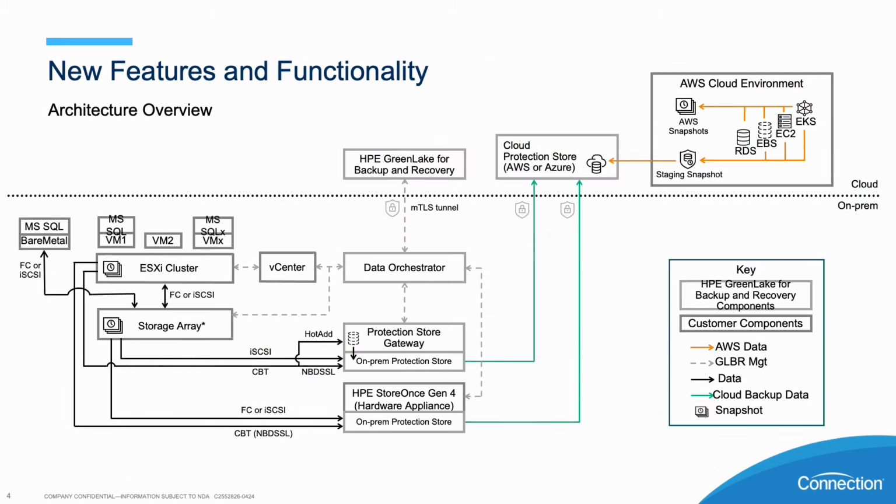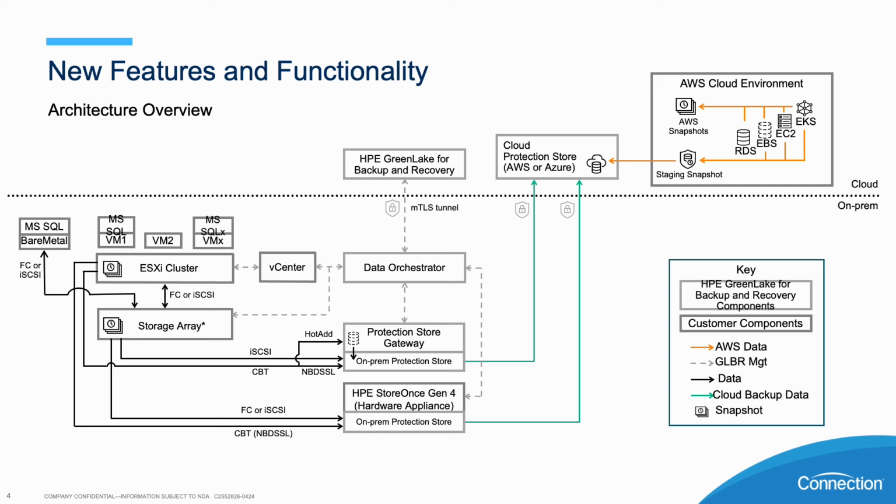So within the new features and functionality, this is really an architecture overview. This is conceptual, showing what is available for services and components. In this example, you will see a few of these components available. A protection store gateway is both a store for protecting local on-prem data as well as a gateway to the cloud.